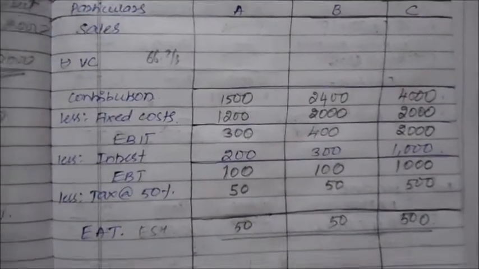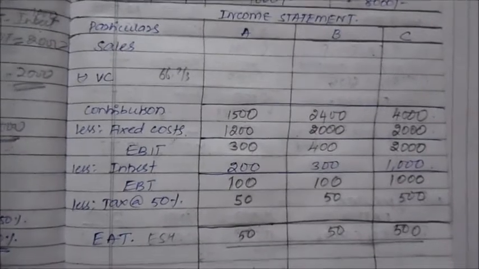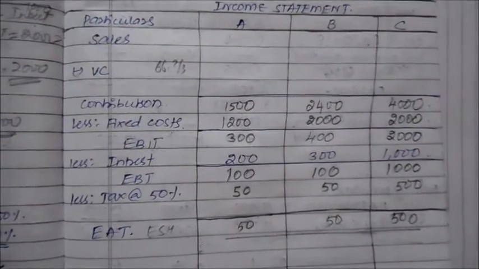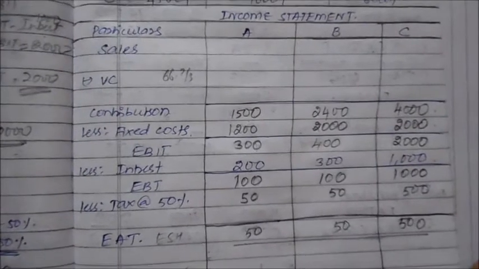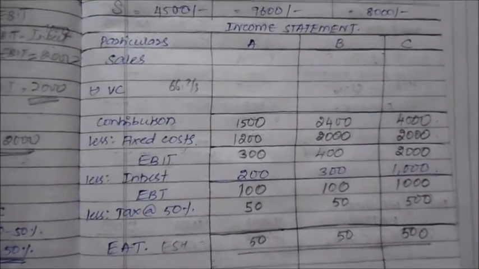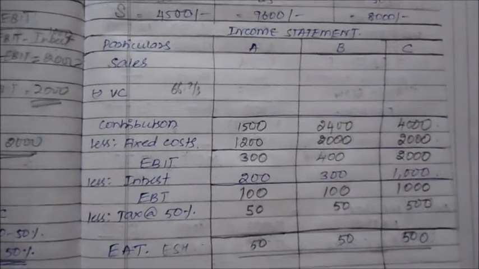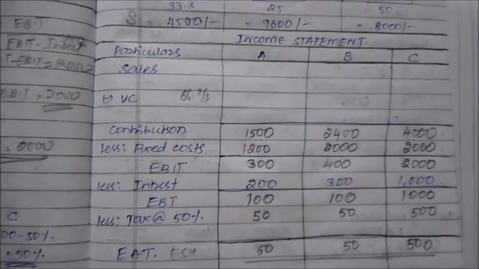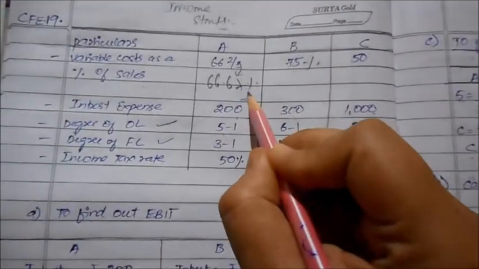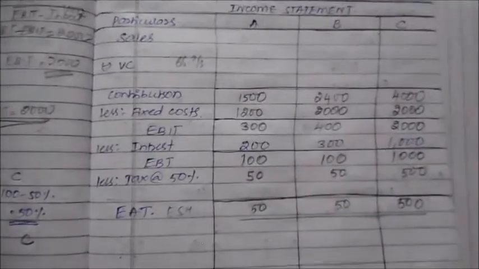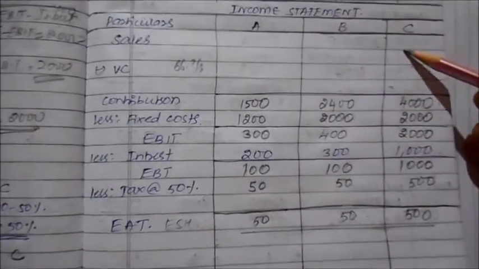Now the most important thing that we have to find out is with respect to sales. Before finding sales, we already know the percentage of variable cost in sales. For example, if you assume that sales is 100, that means variable cost will be 66.67% of sales.